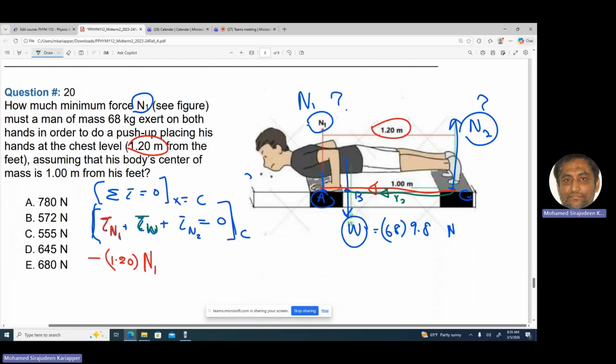How much is that? 1 multiplied by W, which is 68 multiplied by 9.8. Positive or negative? This is positive.